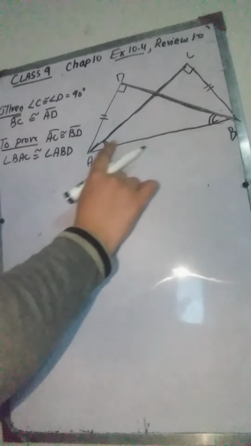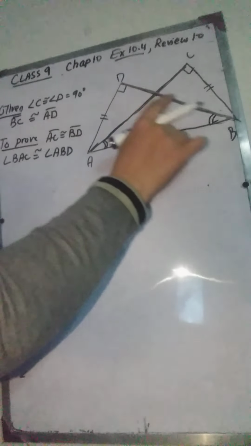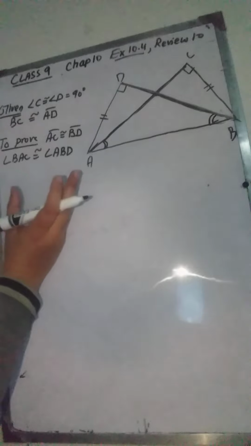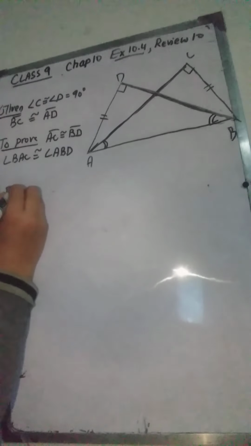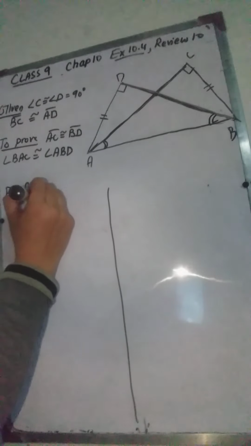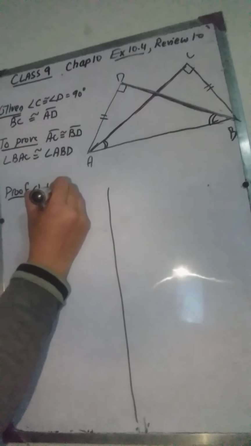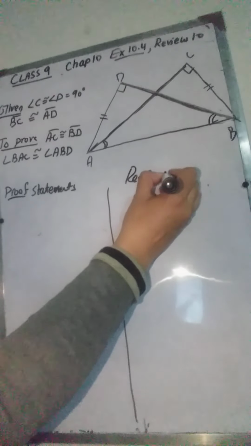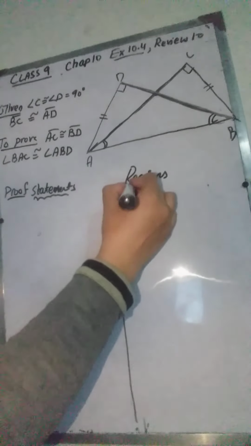We are going to take this triangle and this triangle, and we will take the corresponding parts between these two triangles. Here we are going to write statements, and here we are going to write reasons.